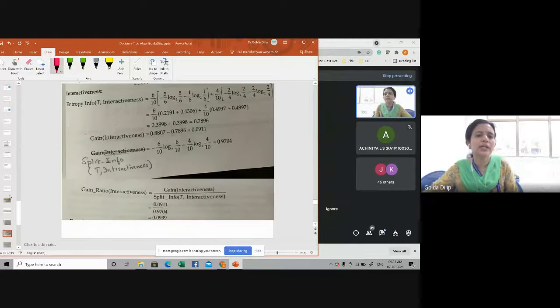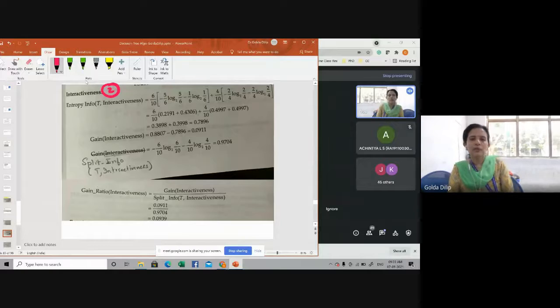Similarly, compute for the second attribute, interactiveness. I'll give you a minute. Just check whether you get the same answer. You don't have to do it manually; you can use your calculators. Do it for interactiveness with respect to your target variable job offer.